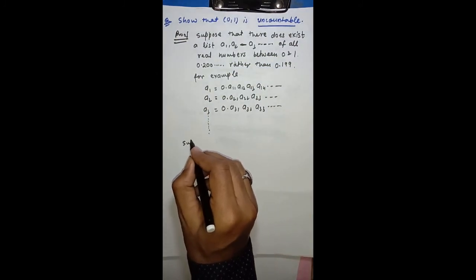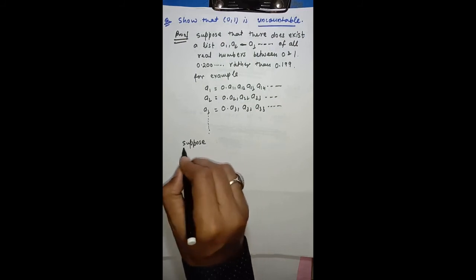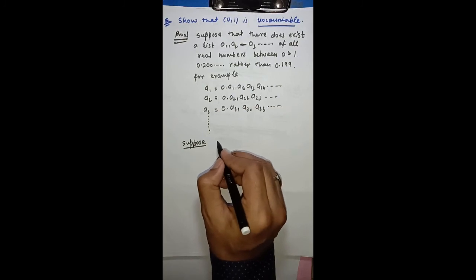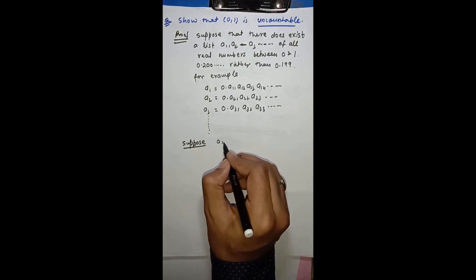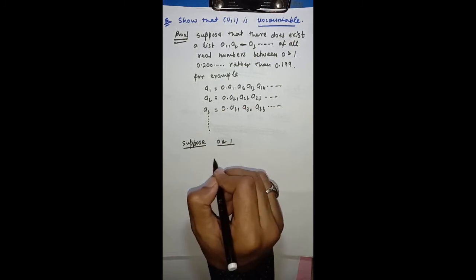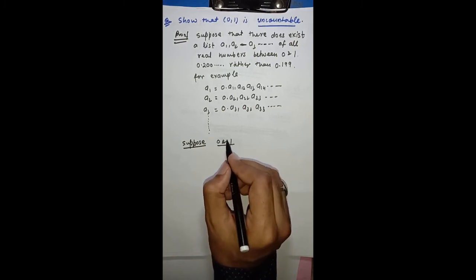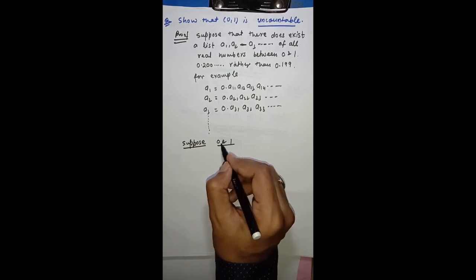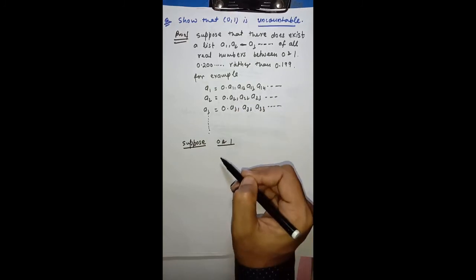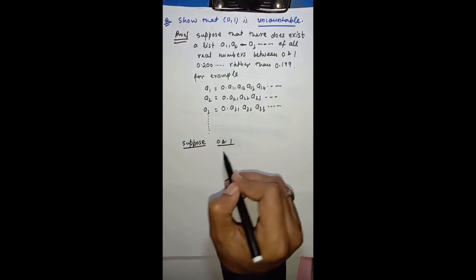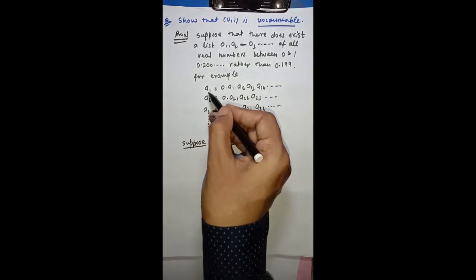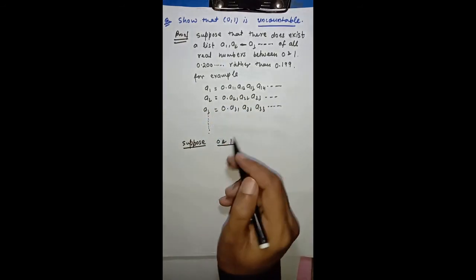And suppose we have all the numbers between 0 and 1. That means there is no number left which lies between 0 and 1 and is not present here. That means all the numbers are here. Any number between 0 and 1, if you write it, we always find in the list.